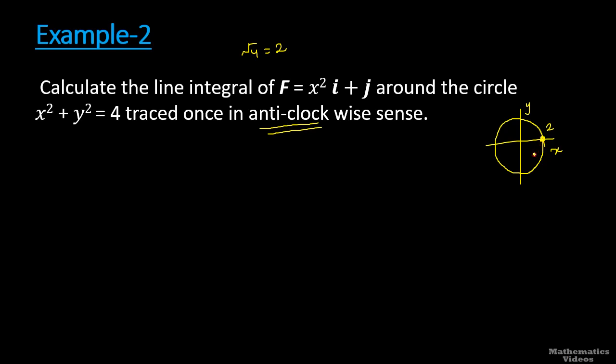It is traced in this anti-clockwise direction. So it means that the parameter t varies from 0 to 2 pi. Very simple.